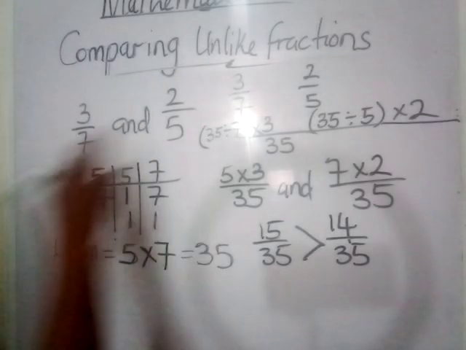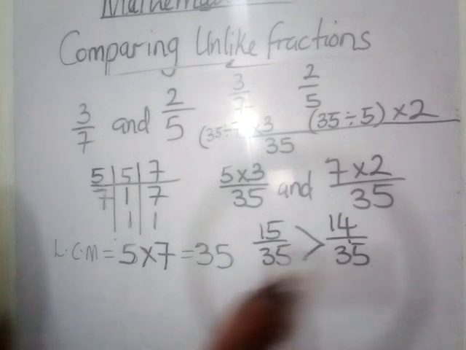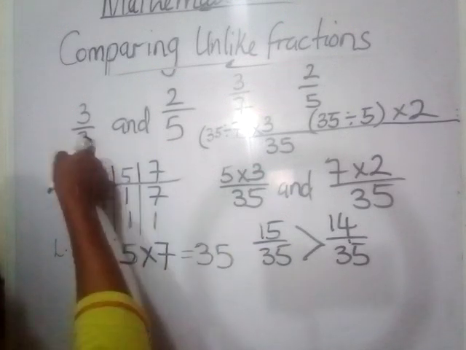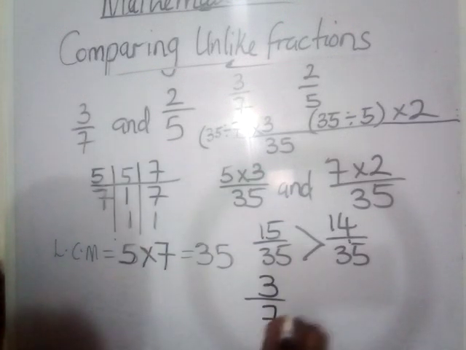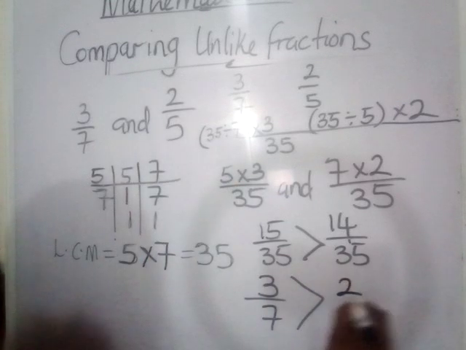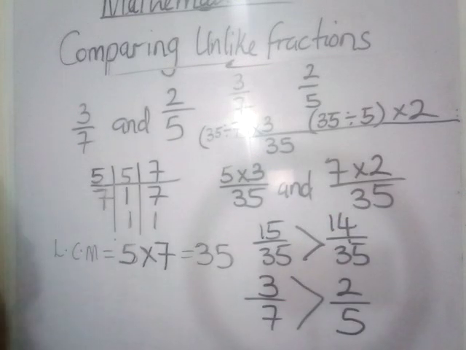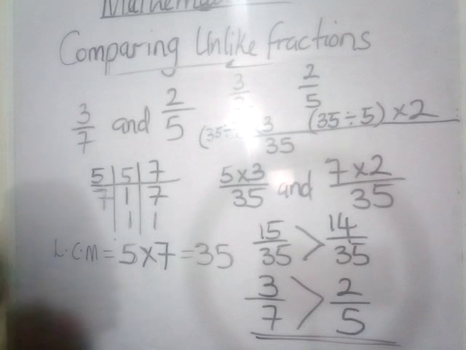We just use their equivalents to represent them in like terms so that we'll be able to compare. Now we have gotten our answer. We know that 15 over 35 is actually representing 3 out of 7. That means 3 over 7 is bigger than 2 over 5, which is represented by 14 over 35. So this is our answer.